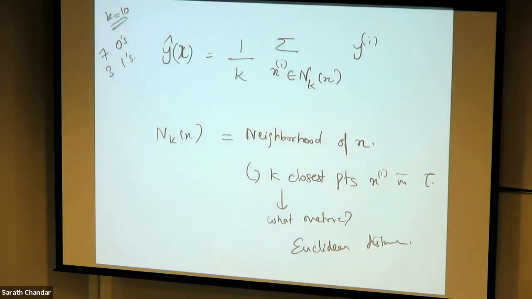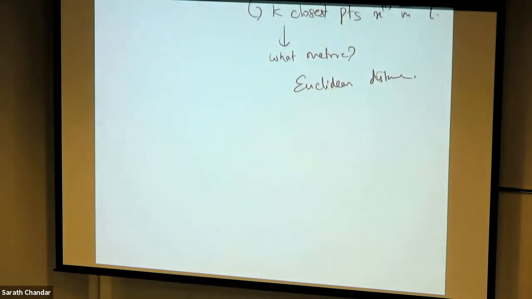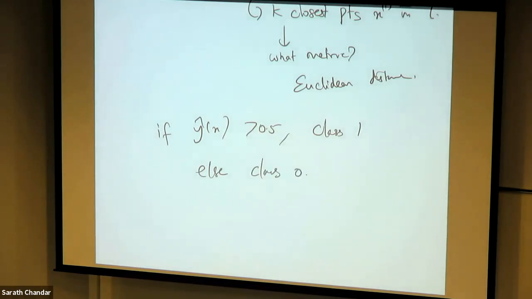So would you classify it as class 0 or class 1? Class 0, right? So we can use a simple rule: if y hat of x is greater than 0.5, then it is class 1, and else it is class 0. In some sense, we're doing majority voting.